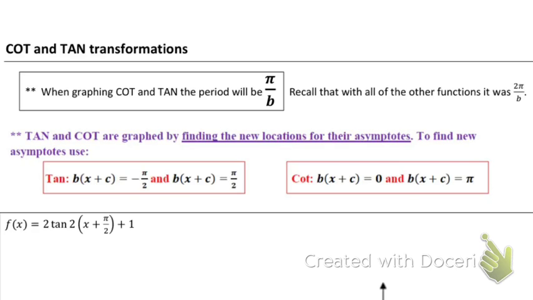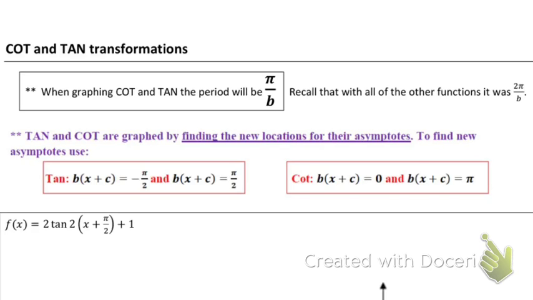But in fact, we don't worry about this that much. When you graph tangent and cotangent, you need to know these two equations. When you graph tangent, you're going to set everything that's in here equal to negative pi over 2. Then you're going to set everything here equal to pi over 2, and that's going to give you your two vertical asymptotes. And then you just draw a normal tangent.